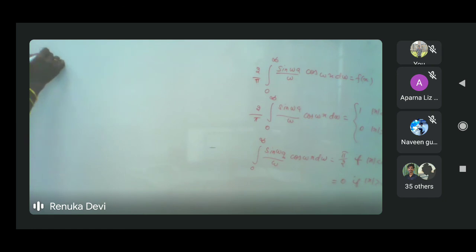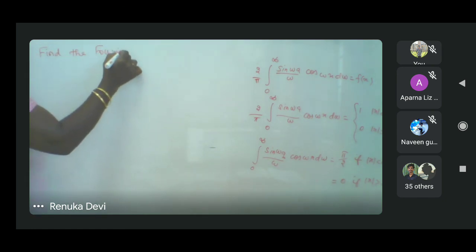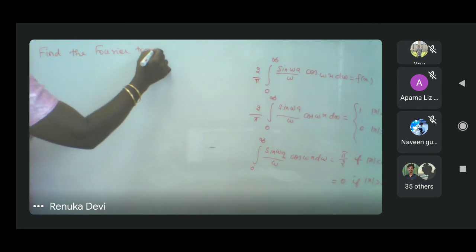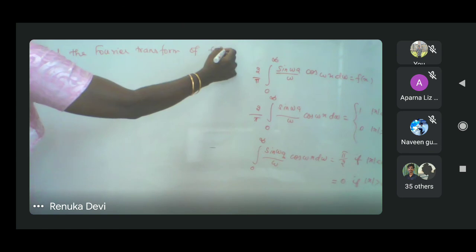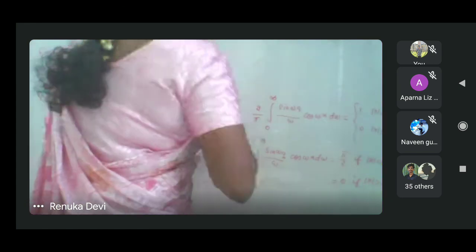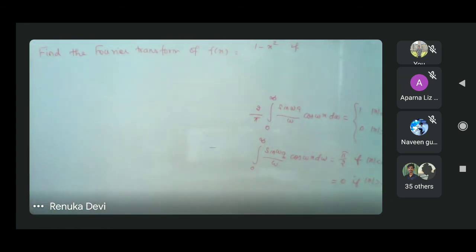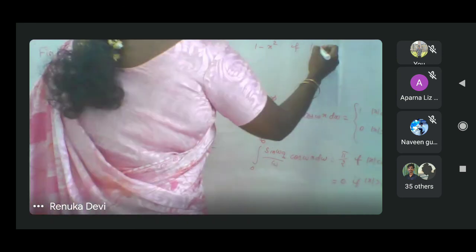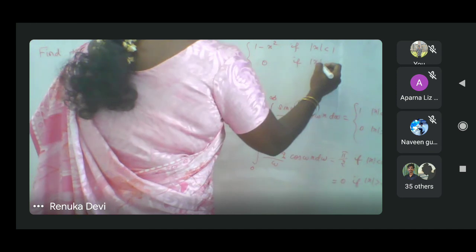Find the Fourier transform of f of x given by 1 minus x square if modulus x less than 1 and 0 if modulus x greater than 1.